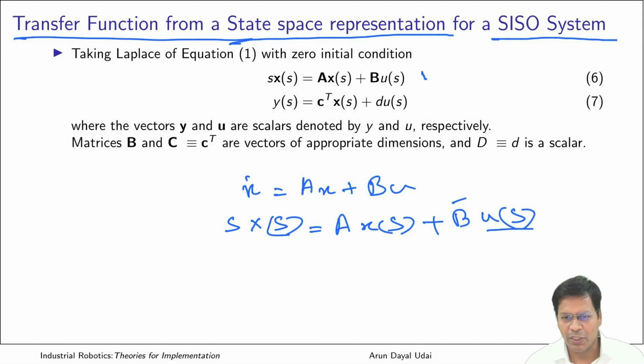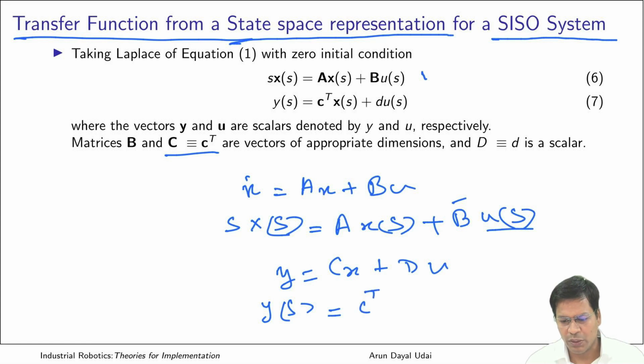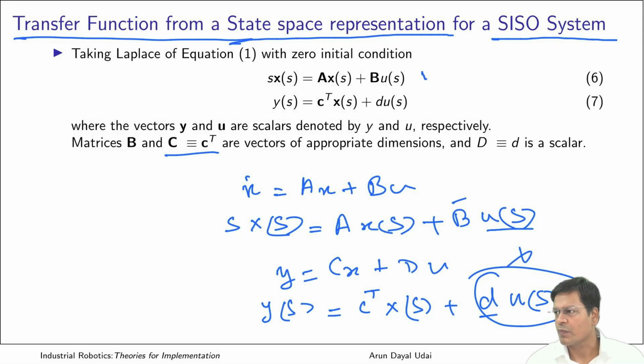Similarly, if you convert Y, Y was CX plus DU. If you take Laplace, you should get Y(s) is equal to, instead of C, both were equivalent, so those constants are put here, it is X(s) plus D U(s). If at all D is absent, this term goes off. Got it? So this is how it can be written.